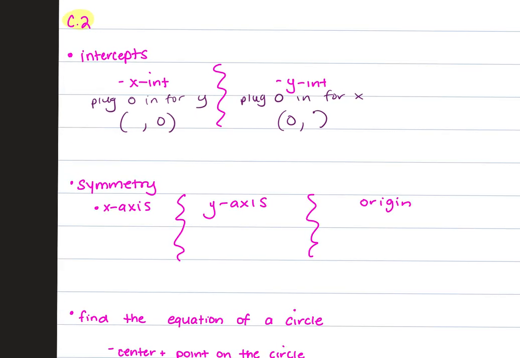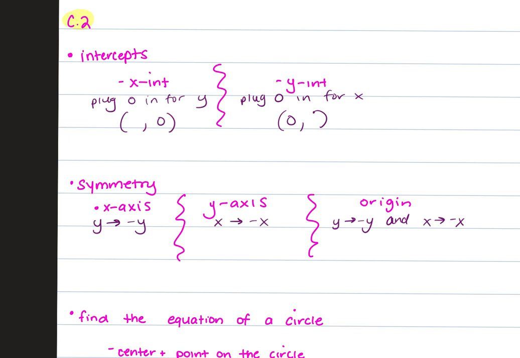For x-axis symmetry, we changed the y to negative y. For y-axis, we changed the x to negative x. And for origin, we do both: y to negative y and x to negative x.